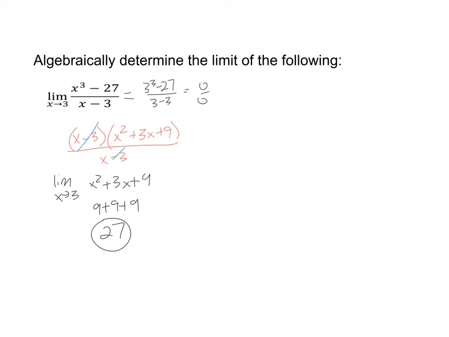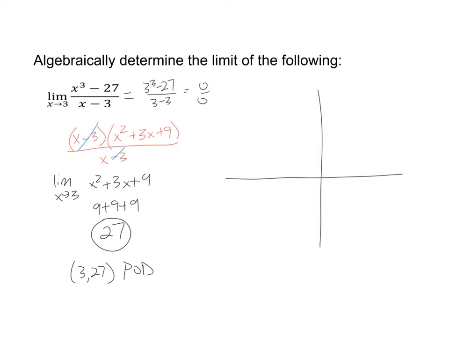So from an algebra perspective, that's what we've just determined. At the coordinate (3, 27), we have a point of discontinuity. Remember, a limit isn't telling us what the coordinate is or where it should be, it's just saying what x is approaching. So let's look at this from a graphing perspective now.